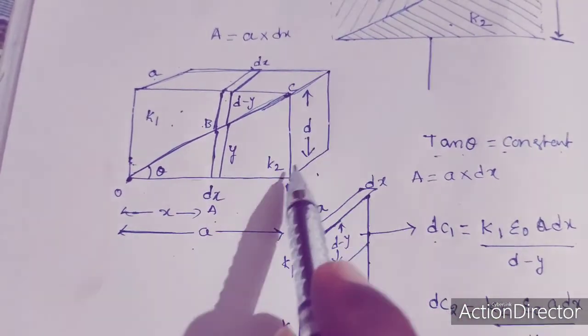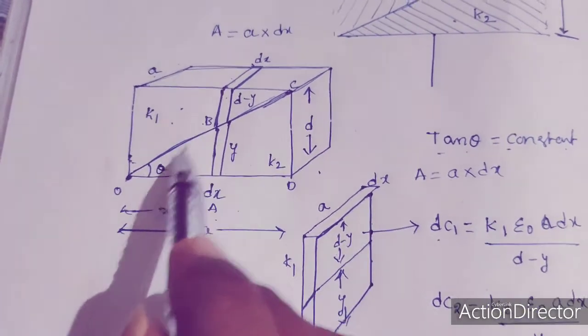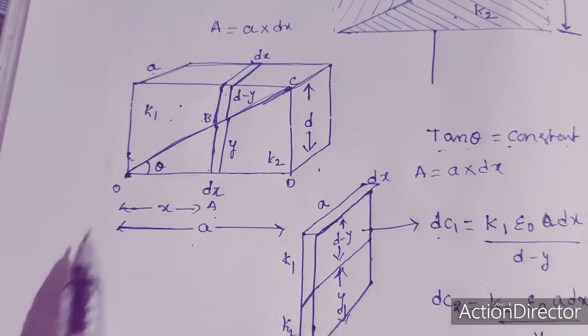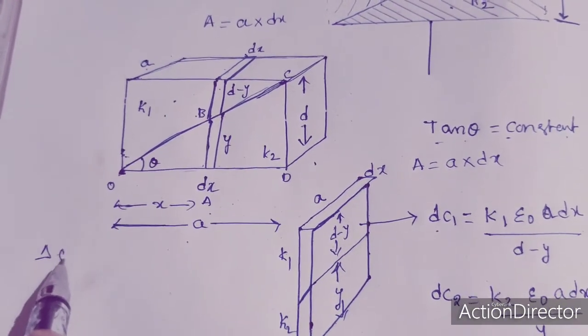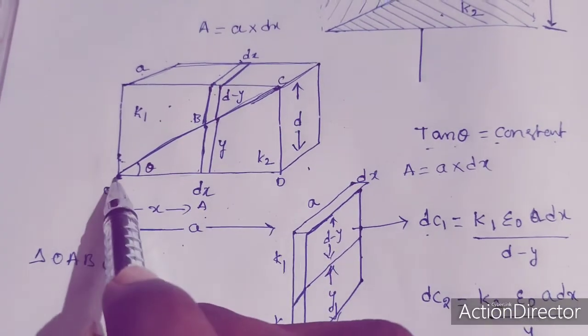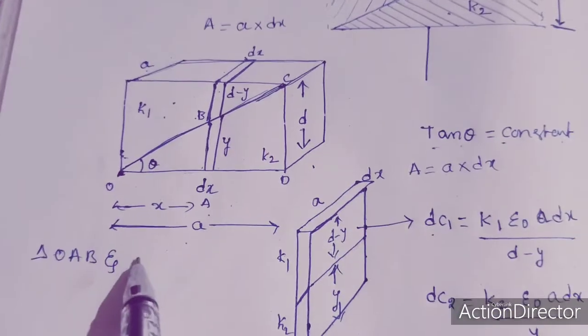In this diagram we can consider two right angle triangles. One is OAB, one right angle triangle OAB, and another one we can consider OCD.